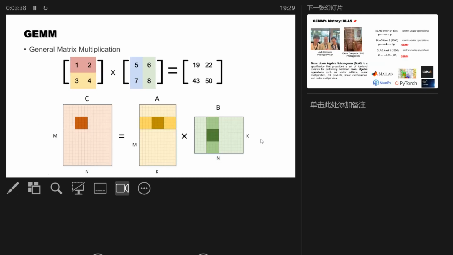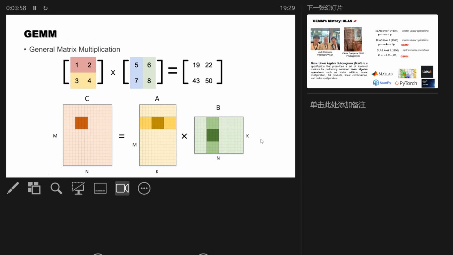Now, as we learned before in our linear algebra class, HGEMM is matrix multiplication. You can do a multiplication for two matrices, A and B. Here you can take 1, 2, 3, 4 times 5, 6, 7, 8.